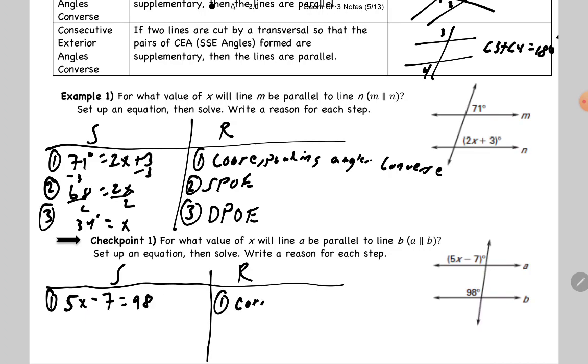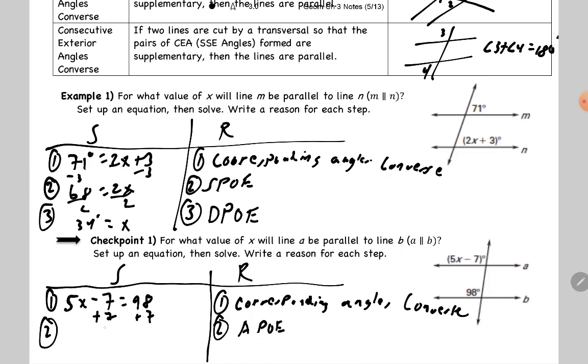That's because of corresponding angles converse. 2, we're going to add 7 to both sides. So that's the addition property of equality. We get 5x equals 105. And then we're going to divide by 5.